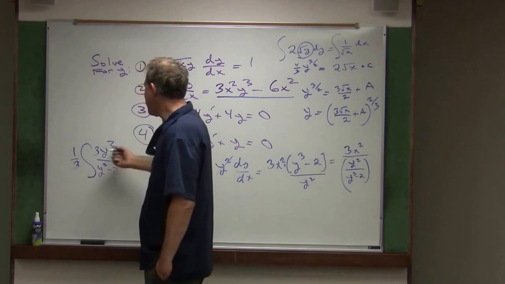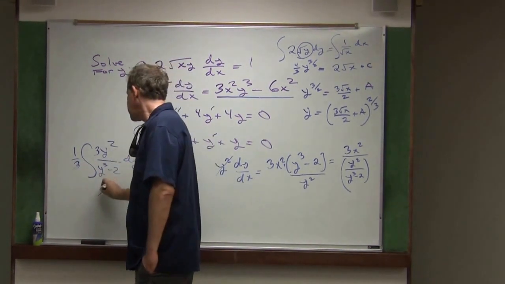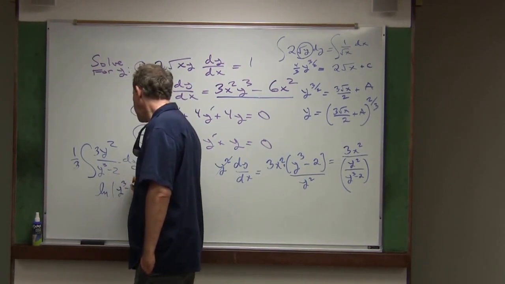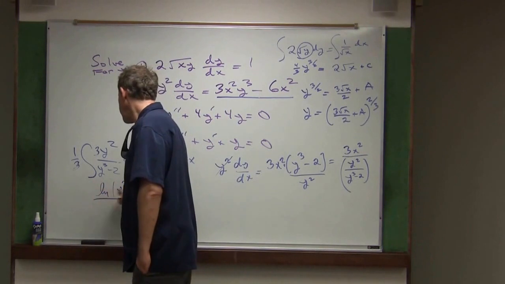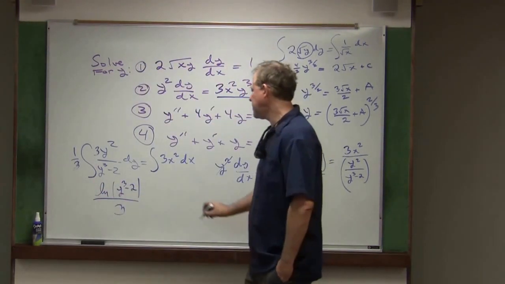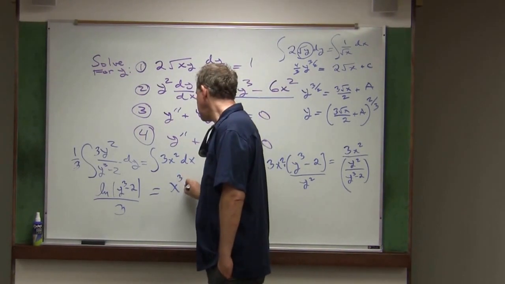So anti-differentiate the outer, so the outer function is 1 over y, it's going to be ln of y cubed minus 2 over 3. And then this is just going to be x cubed plus c.